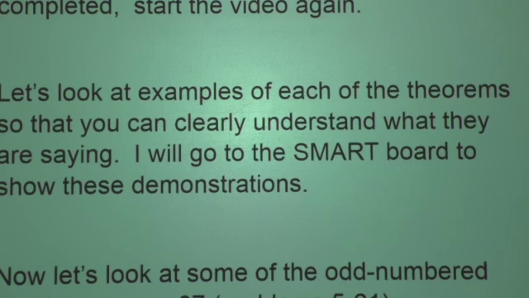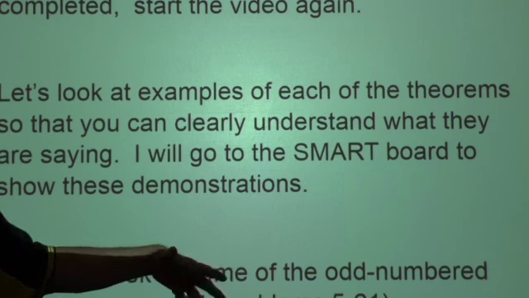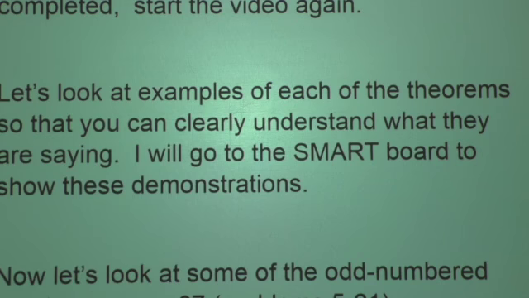The problems that we could do are 5 through 21. We're not going to do all of them. We're just going to do the odd number problems so you can see where these answers are coming from. There's a couple of small tricks to it, but for the most part, it's pretty basic stuff. So let's take a look at this.